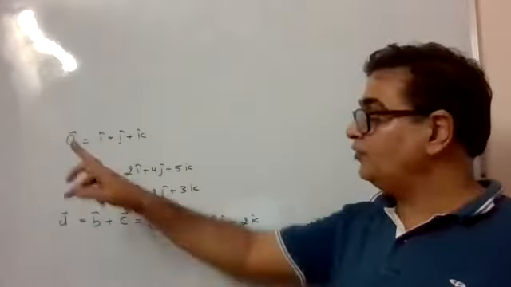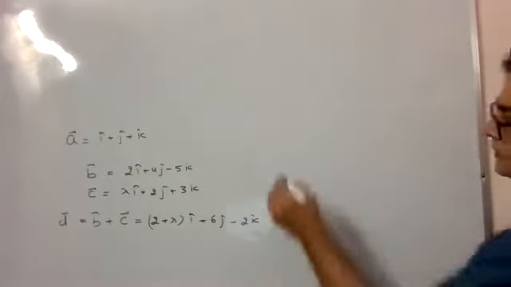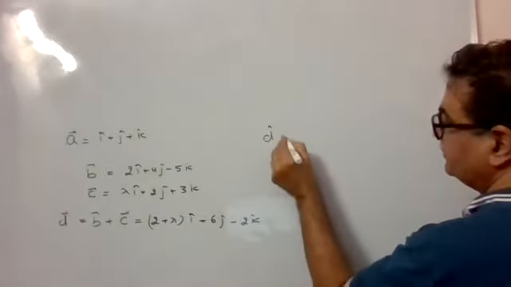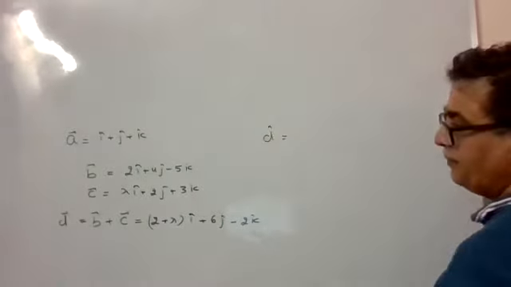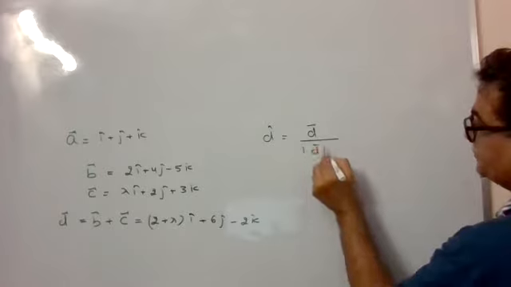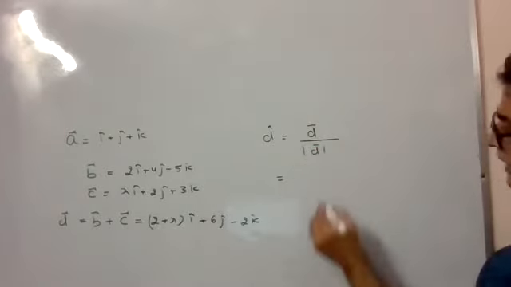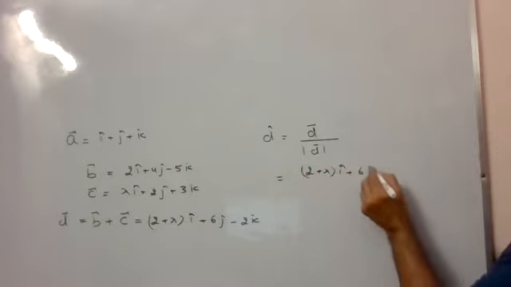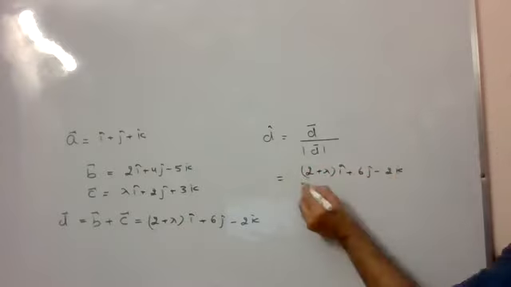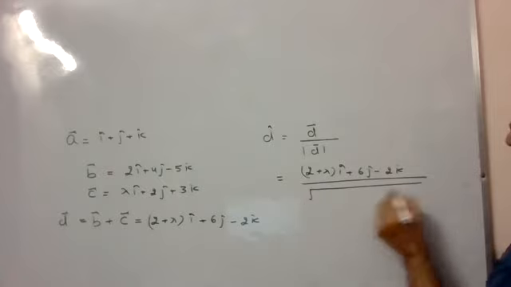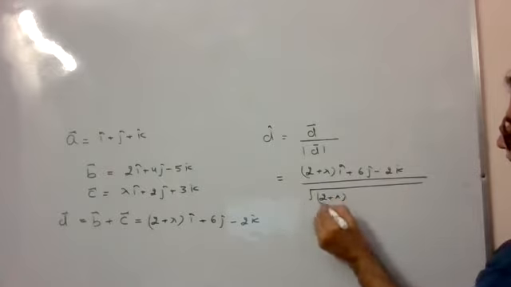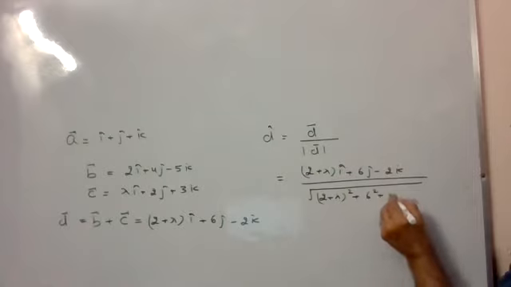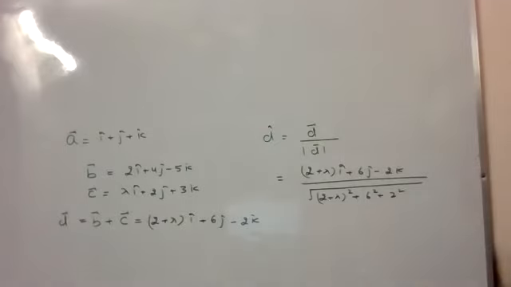Iska unit vector means I need d cap. डी कैप कैसे निकलेगा? Vector divided by its magnitude, and that will come (2 plus lambda) i cap plus 6j minus 2k whole divided by under root of (2 plus lambda) whole square plus 6 square plus 2 square. This is the unit vector.